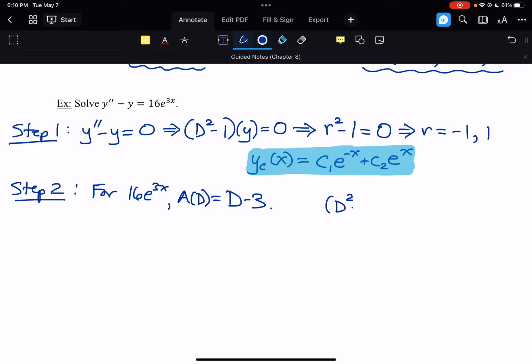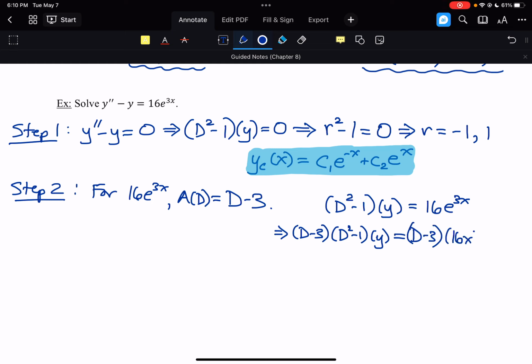That was D squared minus 1 of y equals 16e to the 3x. We're going to apply this annihilator to both sides of the equation. So we get D minus 3 times D squared minus 1 of y equals D minus 3 of 16e to the 3x. And by definition, the annihilator will turn this part into a 0. So we're going to have this expression equals 0.